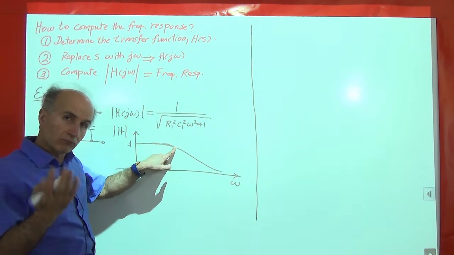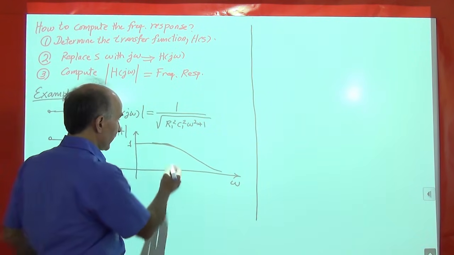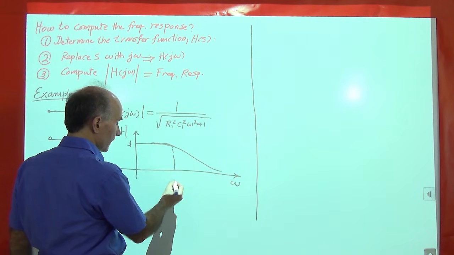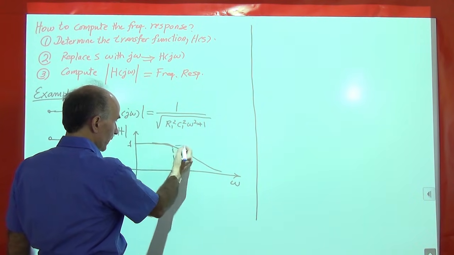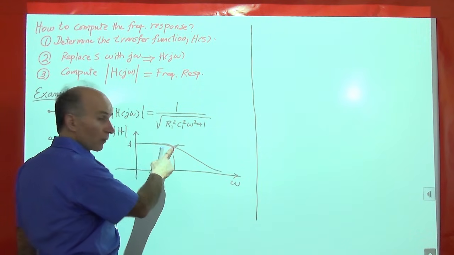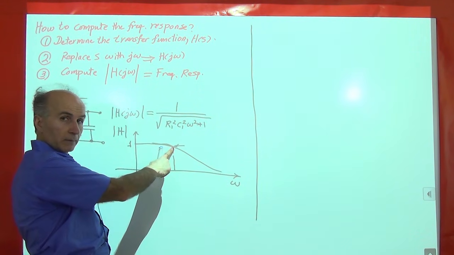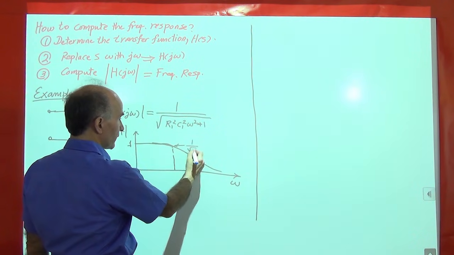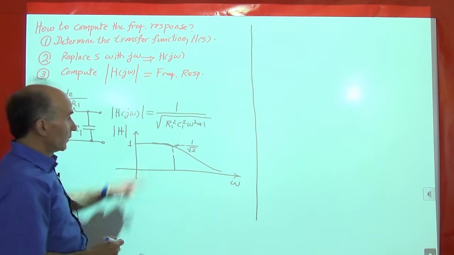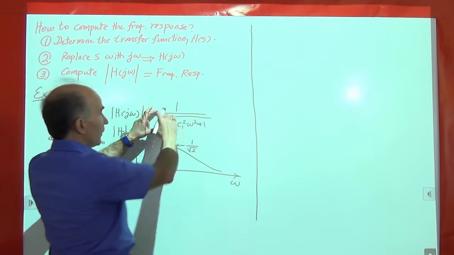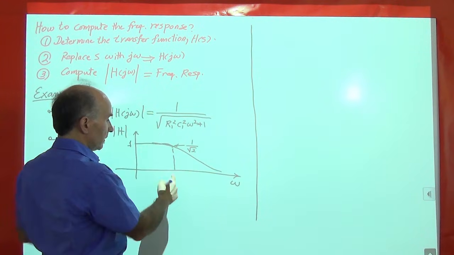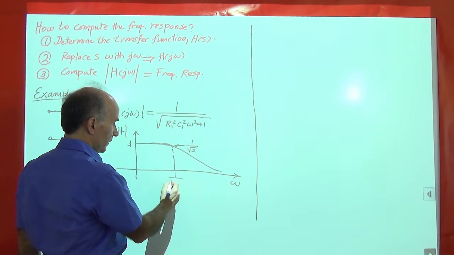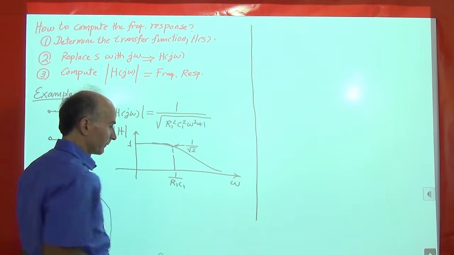So as a figure of merit, people have picked a frequency at which this magnitude drops by square root of 2, which is 3 dB. So that value is 1 over square root of 2. And we know that if you equate this to 1 over square root of 2, what appears here is 1 over R1 C1.